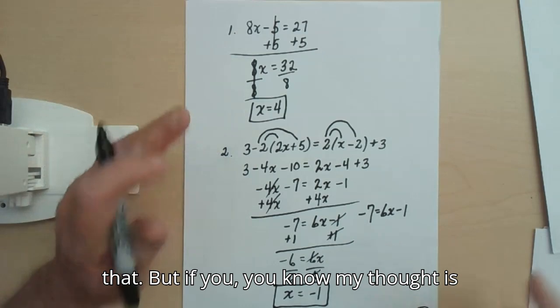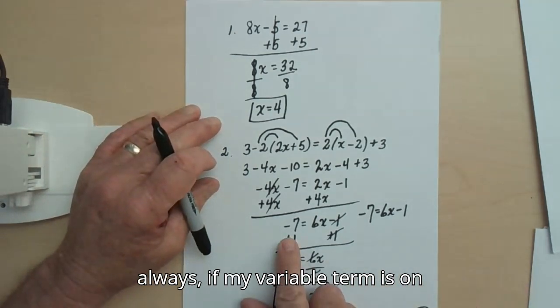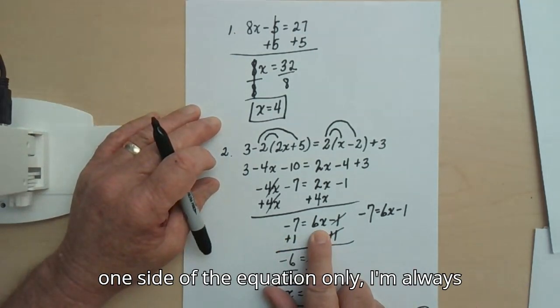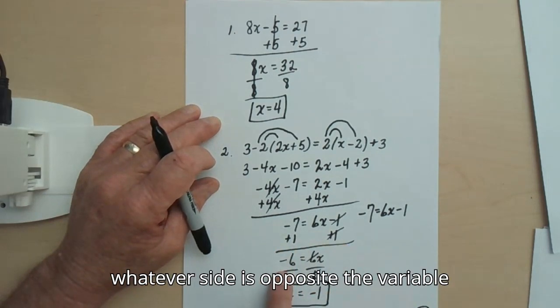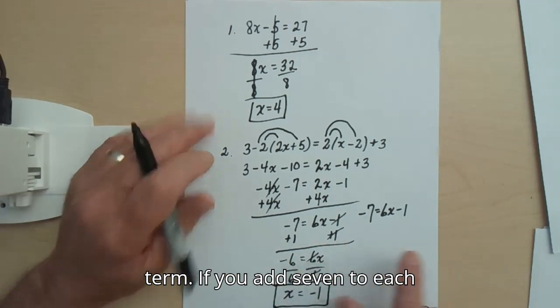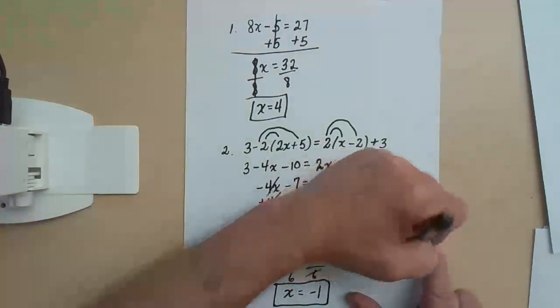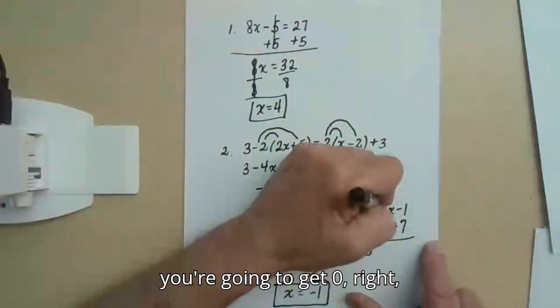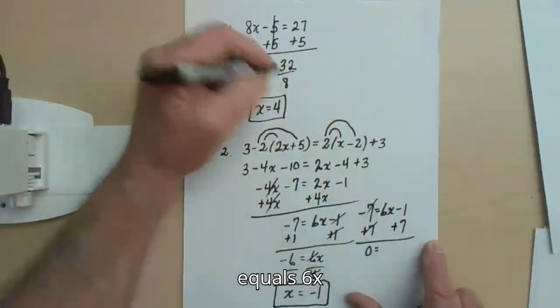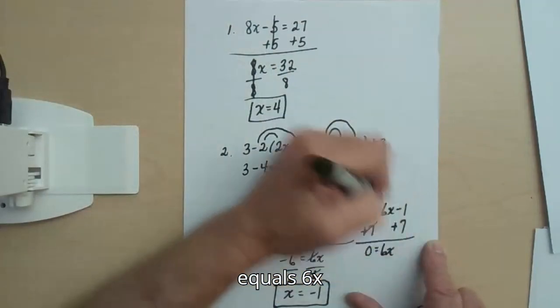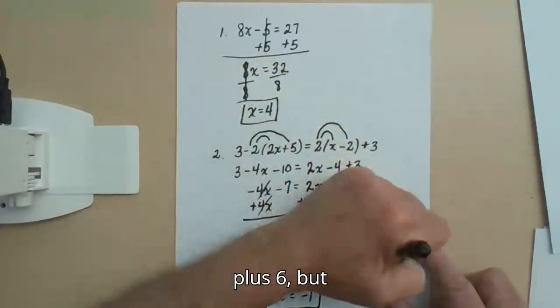But my thought is always, if my variable term is on one side of the equation only, I'm always going to move my constant term to whatever side is opposite the variable term. If you add 7 to each side, you're going to get 0 equals 6x plus 6.